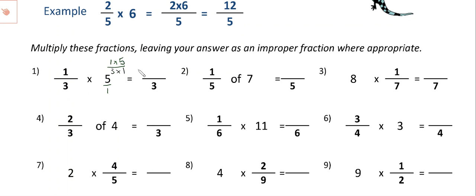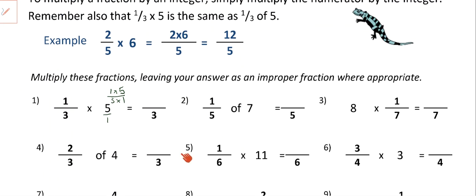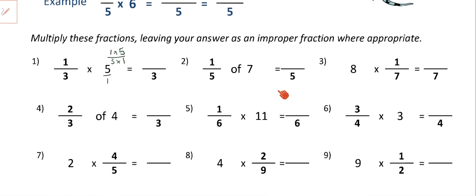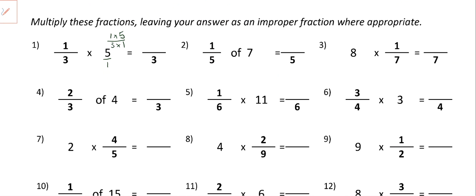But actually, what this sheet is hoping you'll recognise by using the words is saying, if I've got 2/5 of 6, well, it's the same thing as having 6 lots of 2/5. And 6 times 2/5 is 12/5. So we can just think of it like that as well. So that makes this sheet nice and simple.